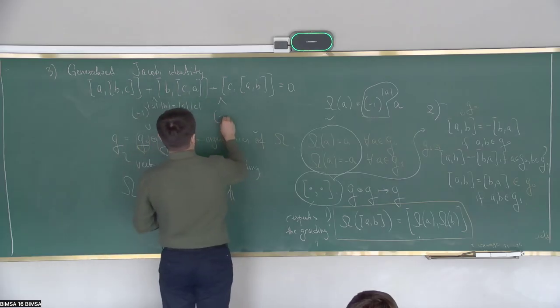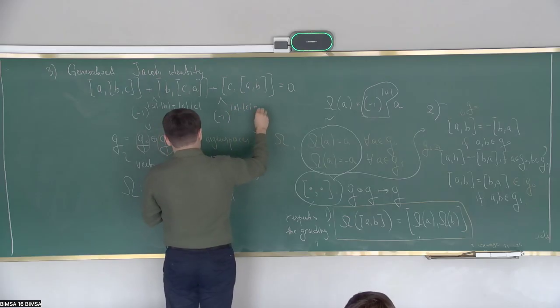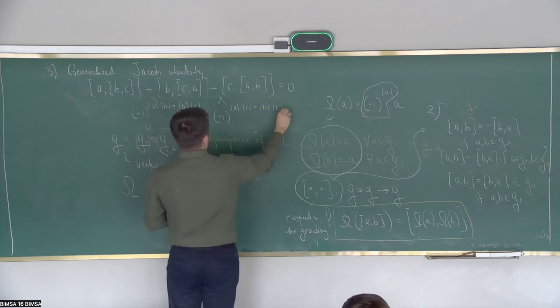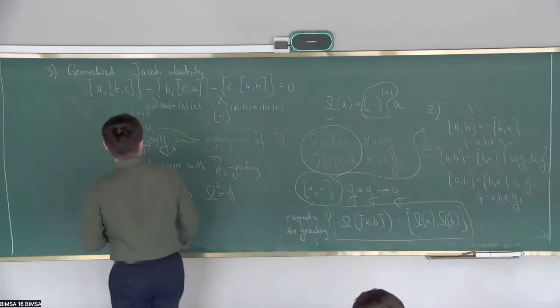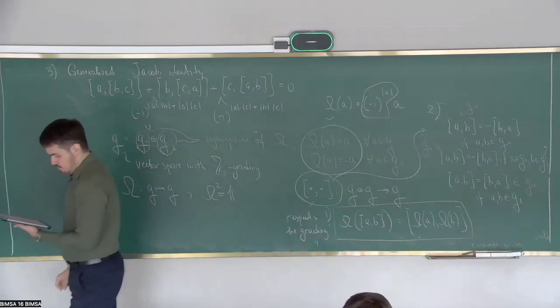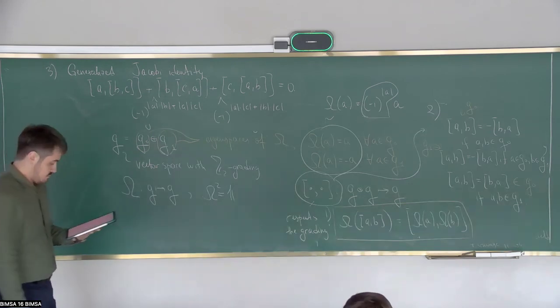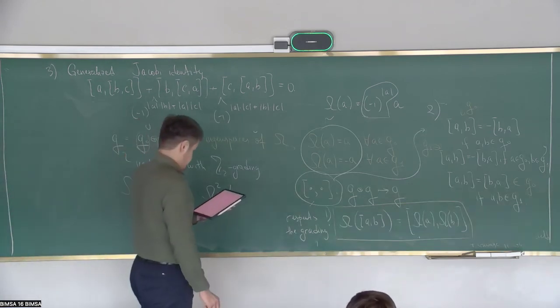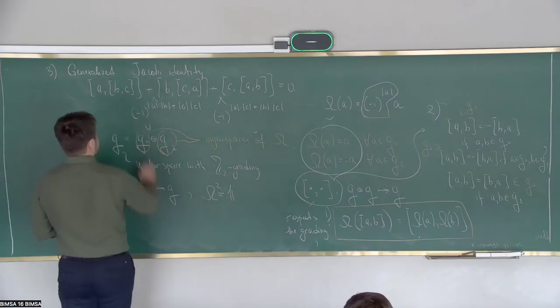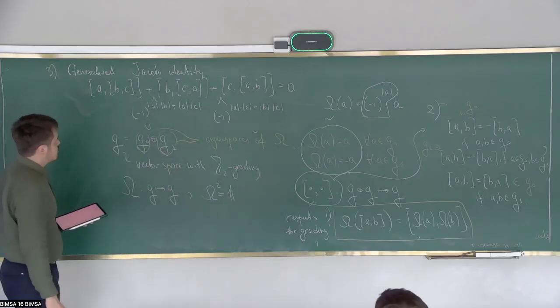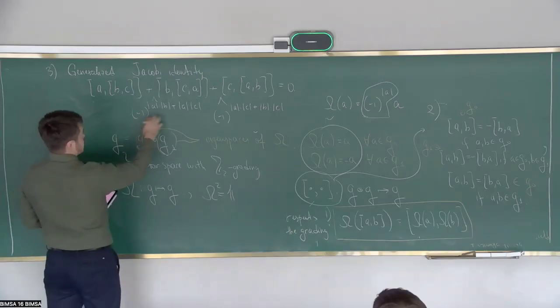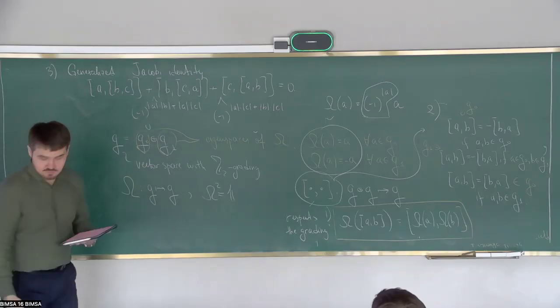So this is the generalized Jacobi identity, a quick way to remember how to get it. Of course, if all A, B, and C live in G0, then all of these factors are just 1, and you get back to the usual case.